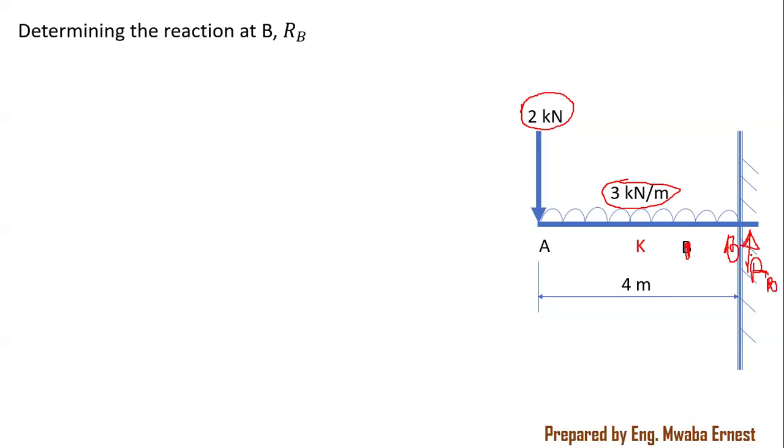Now, the reason I did this was that practically when you're dealing with a cantilever, you don't even need that reaction. But deliberately, I had to do this because it will help us as we go to make sure that we're on the right track. And we are not going to be guessing as to whether the answer we found is correct or not. That is going to help us counter-check our working.